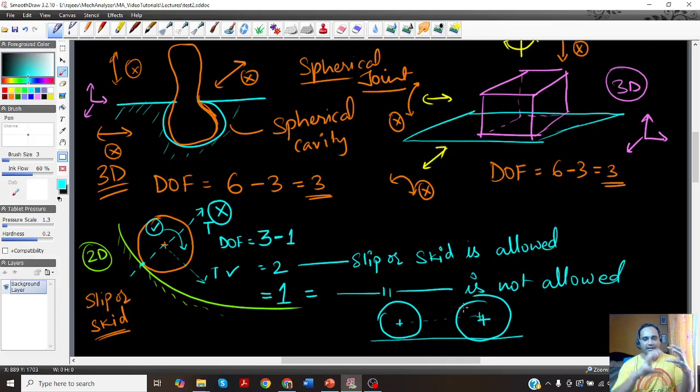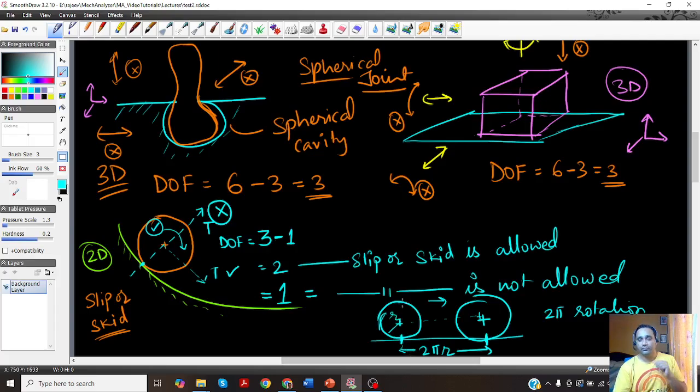I have a disk and I start moving, so you can imagine that when the motion happens, all these points have to be in contact, and when it completes one full rotation, that is 2 pi, the translation will be 2 pi into r, that is the circumference.